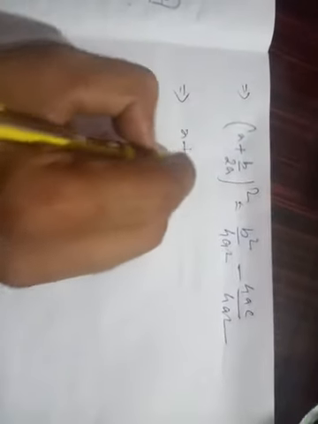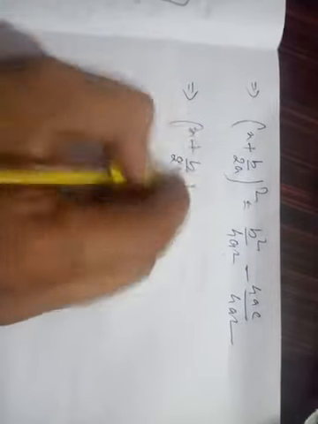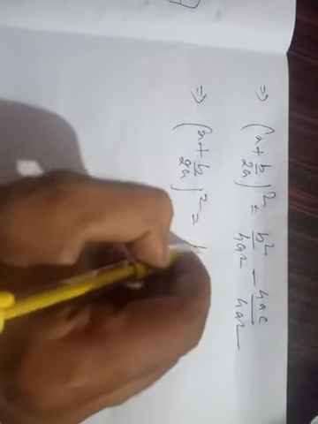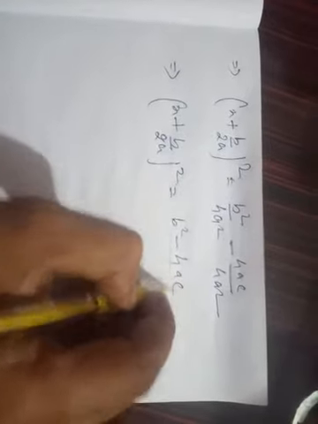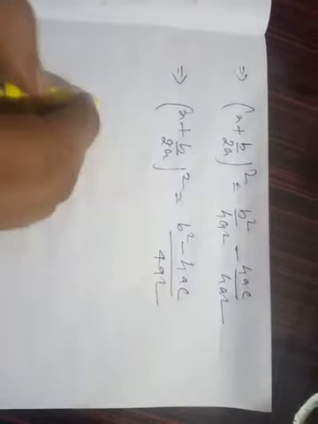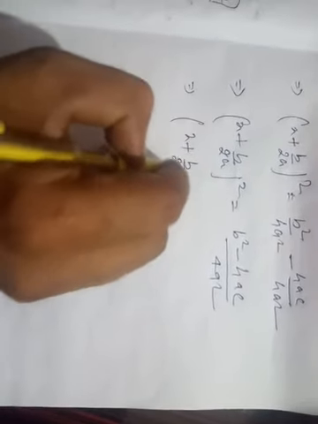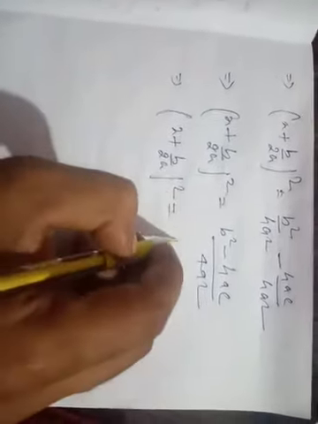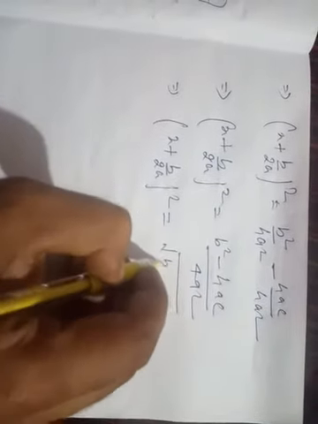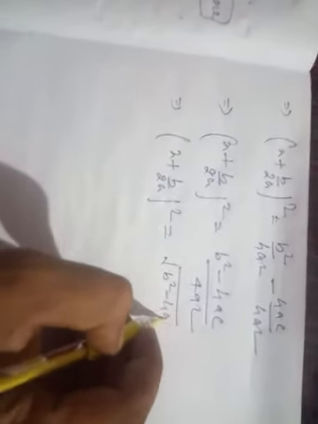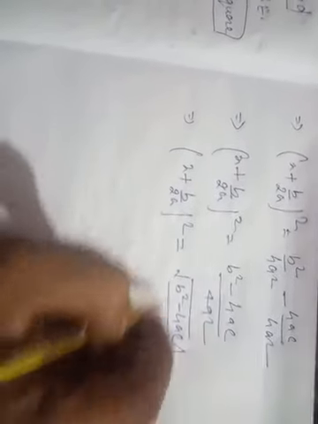So I'll get plus b square upon 4a square and minus 4ac upon 4a square. So the whole square of x plus b upon 2a is equal to b square minus 4ac upon 4a square. So you can write this down as x plus b by 2a having whole square, and this as under root b square minus 4ac upon 2a having whole square.